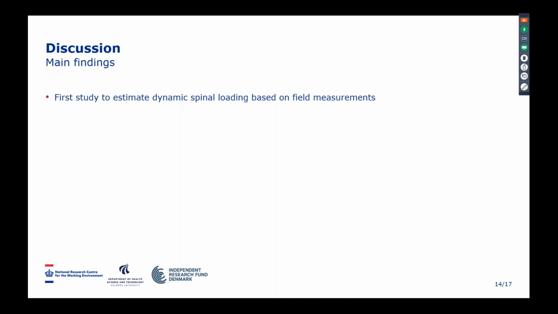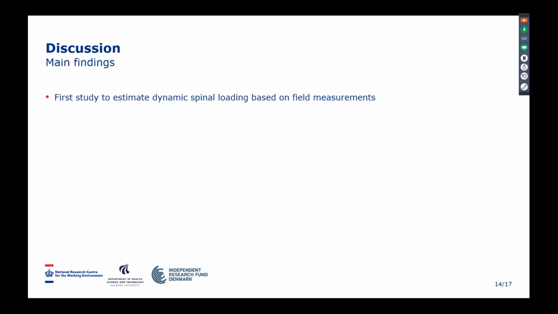So our main finding is, first of all, that we're the first study to estimate dynamic spinal loading based on field measurements. Of course, this is a risk assessment study for this group of workers, but it's also a proof of concept to show that we are now at a place where this can actually be done.